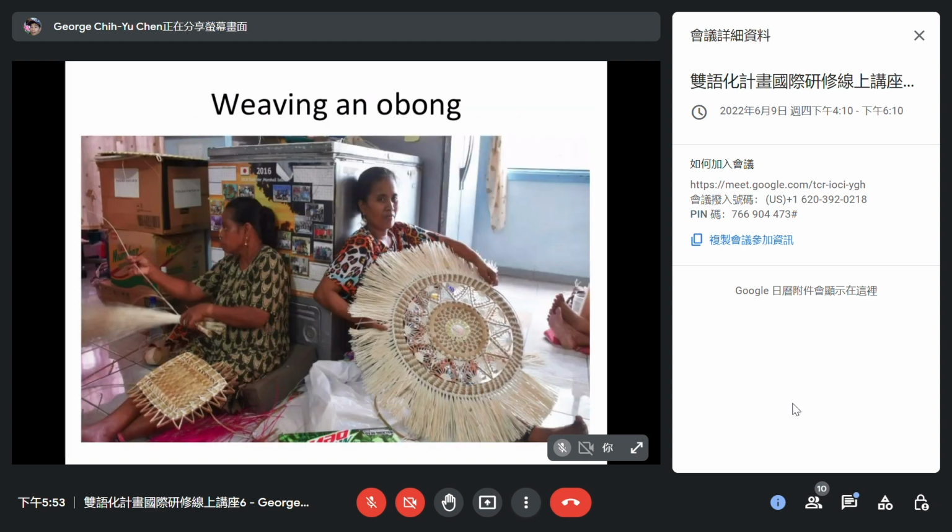And here is an example of weaving an oban. Oban is a circular wall decoration. As you see, the woman is holding. They use basic materials such as coconut shoot and the seashells as decoration.